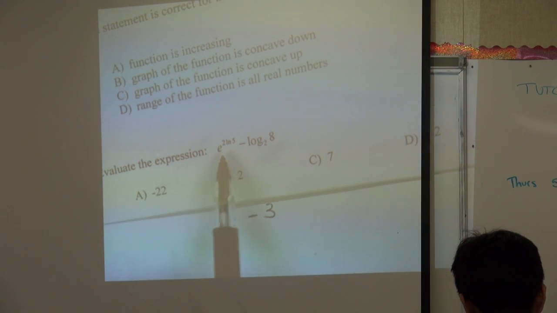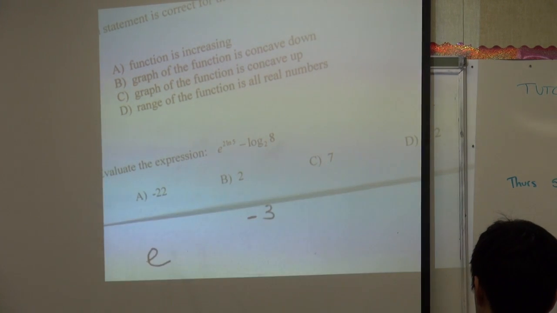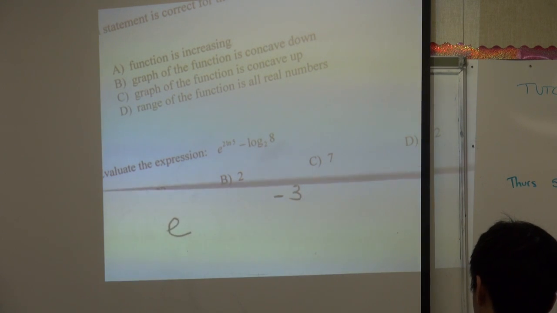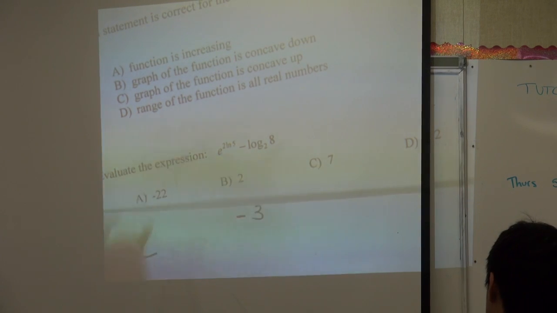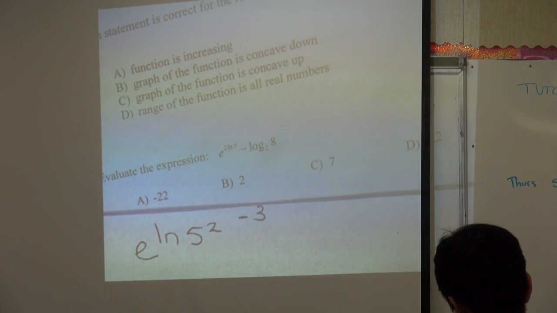Where it does get a little hard is this one. When you see a 2 in front of natural log, it means it's 5's exponent. So this is really e to the natural log of 5 squared.